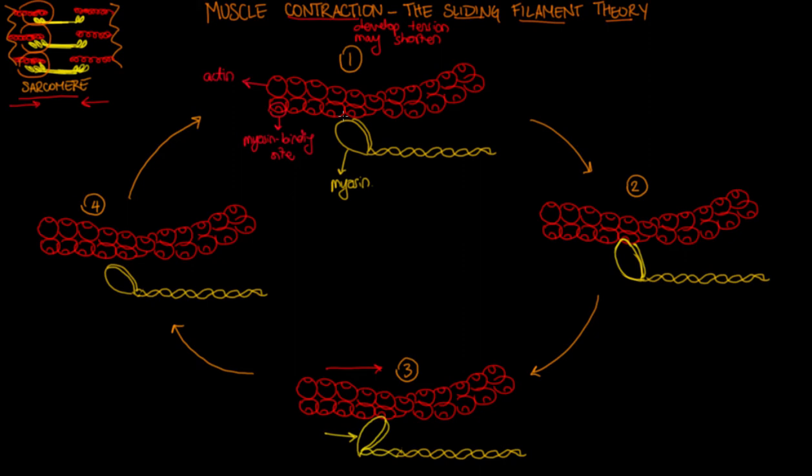So myosin itself, first, has to be energized. It has to be ready to be able to interact with actin. First of all, myosin heads have the ability to hydrolyze ATP.